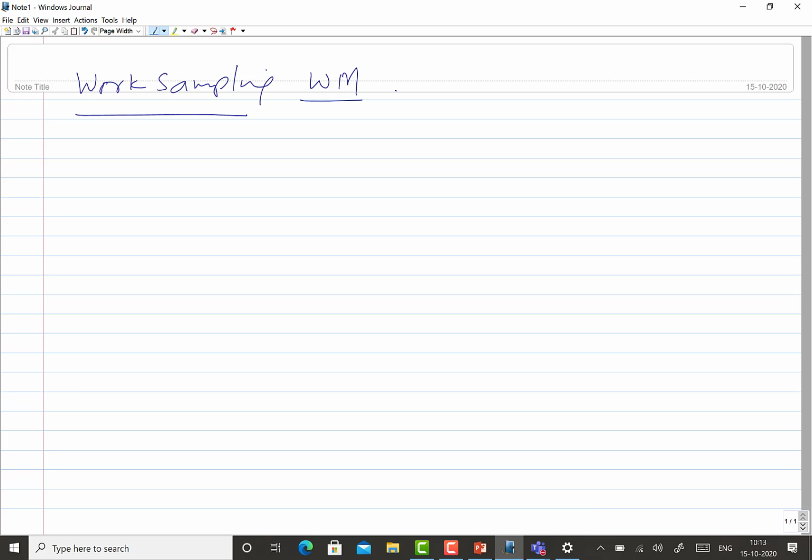This is a more popular, useful and very clean method of work measurement. If we compare it with the other shop floor based work measurement technique, the time study, that is very unpopular.